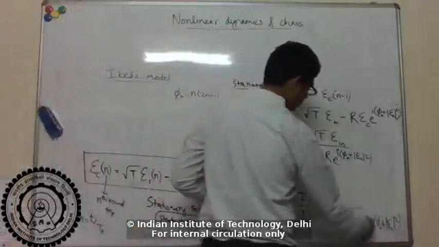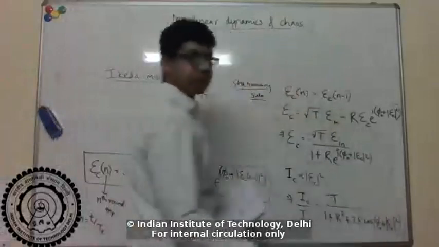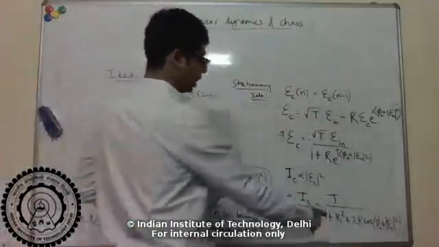So cosine of pi plus something is minus cos, right?